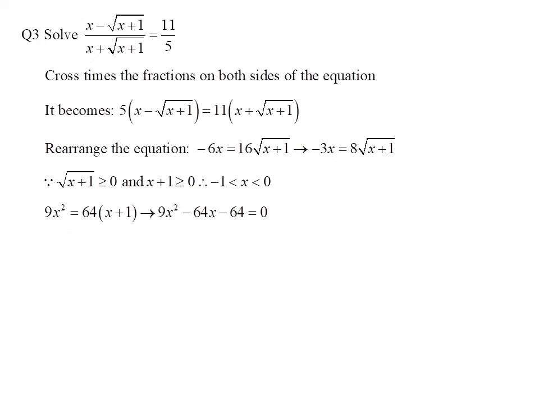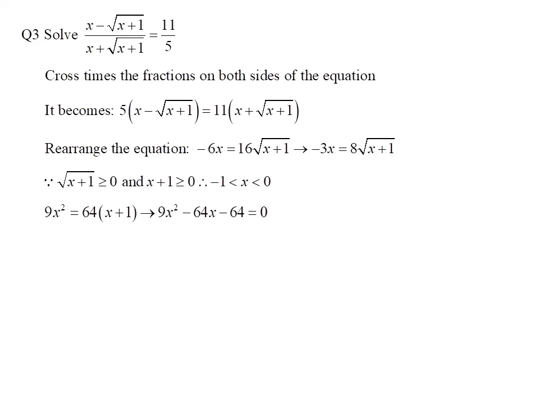We square both sides of the simplified equation and obtain a quadratic trinomial form of 9x squared minus 64x minus 64 equals 0. Here we solve this equation by using the cross product method.